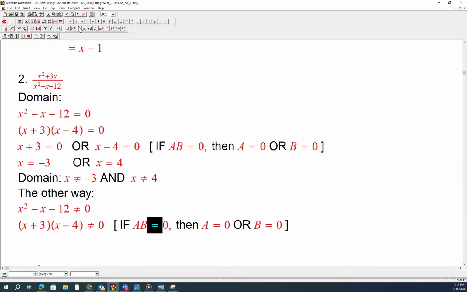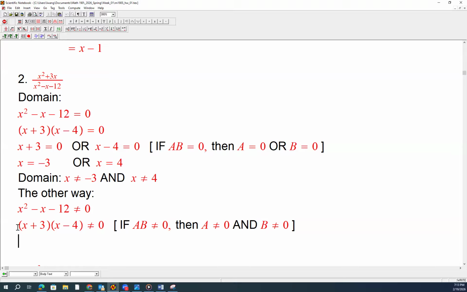If the product is not 0, then A cannot be 0 and B cannot be 0, and both must be guaranteed, so or turns into and. That's the opposite of that principle. That is, if the product of two numbers is not 0, then A cannot be 0, and B cannot be 0. Make sure you understand that, think about it.